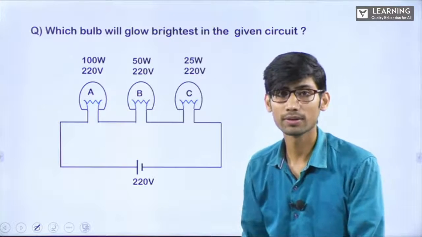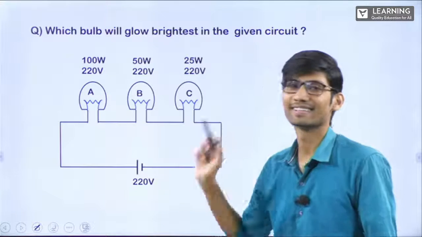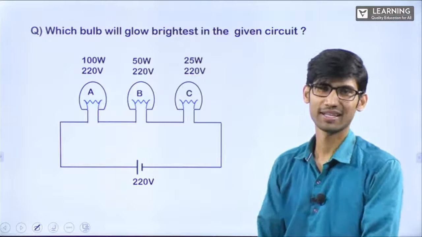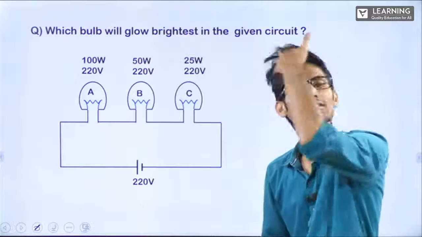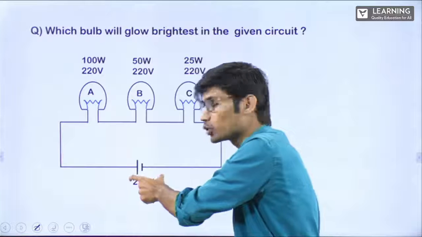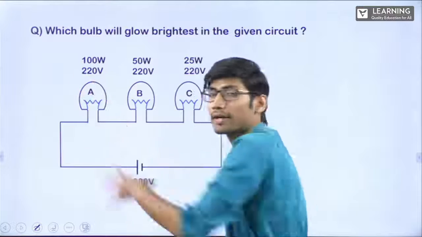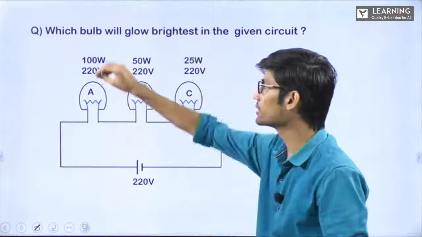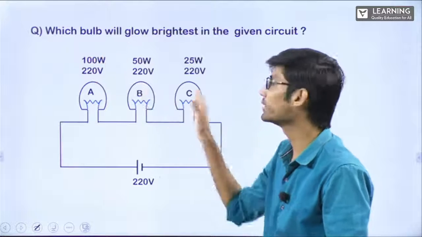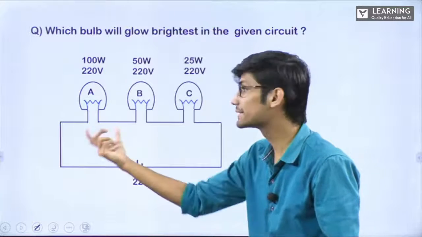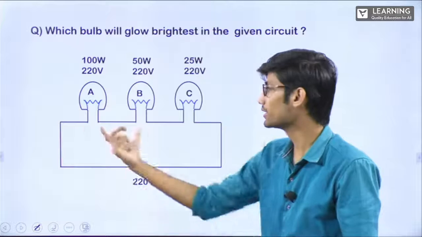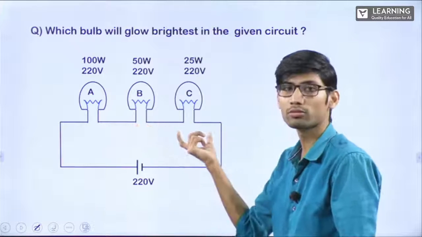Why? Because all are connected in series, right? Since all are connected in series, this bulb will not get the entire 220 volt. If this will get entire 220 volt, what will these two bulbs get? Voltage is distributed, if you remember, in series. This will be having V1, this will be having V2, this will be having V3.